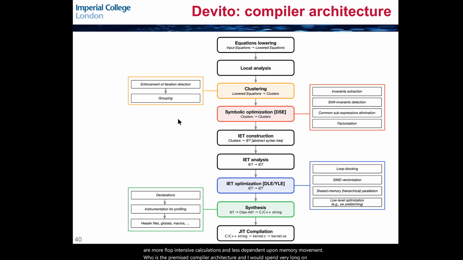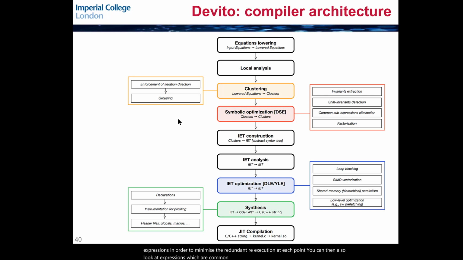Here's the promised compiler architecture, and I won't spend very long on this. The main things that we're proud of concern that flop reduction work. So finite element stencils often lead to repeated terms. We want to try and factorize those expressions in order to minimize the redundant re-execution at each point.